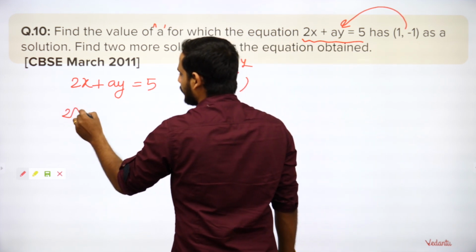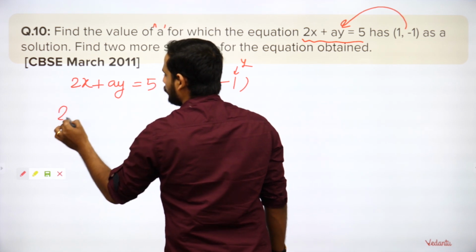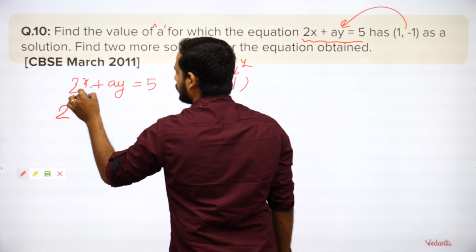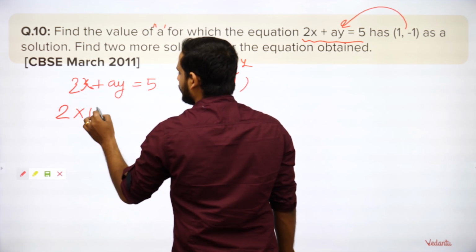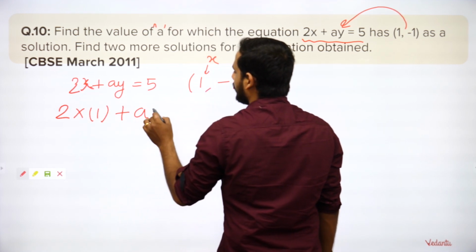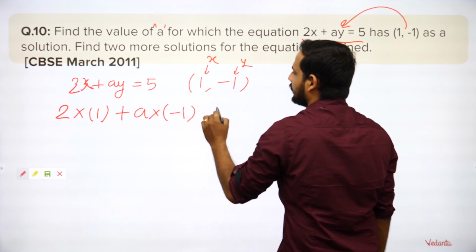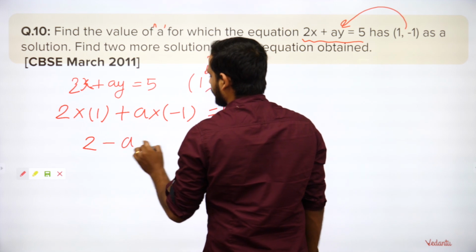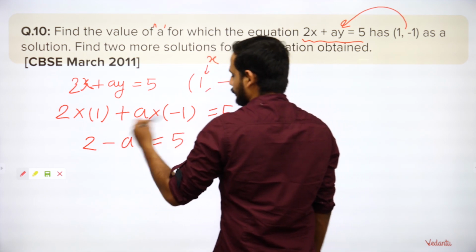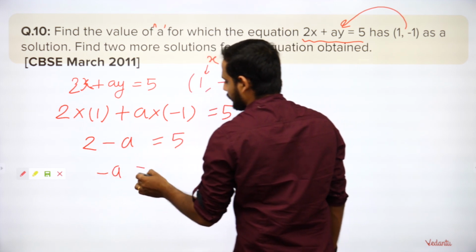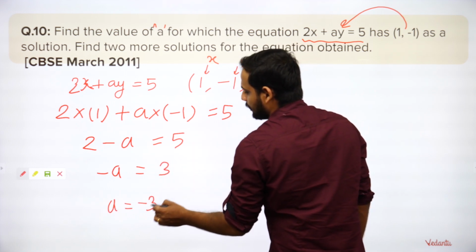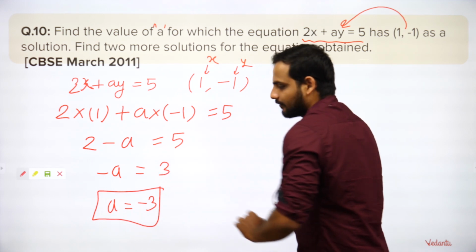So 2 into 1 plus a into minus 1 is equal to 5. So 2 minus a is equal to 5. So minus a is equal to 5 minus 2, which is 3. That means a is equal to minus 3. We got the value of a.